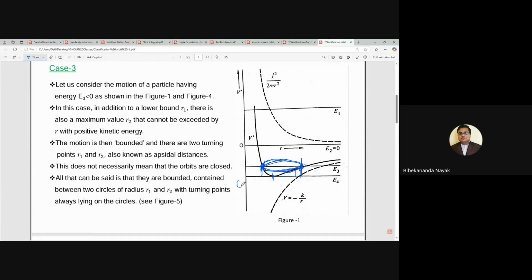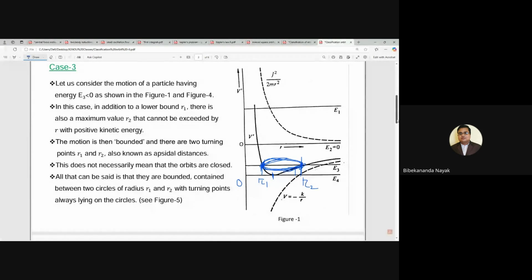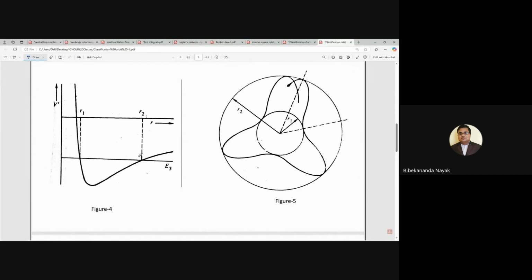Here it is 0. It is R1. It is R2. In the second figure, for this point R2 decreases, R1 increases. For this line, R2 decreases, R1 increases. R2 decreases, R1 decreases. For this point, what happens?